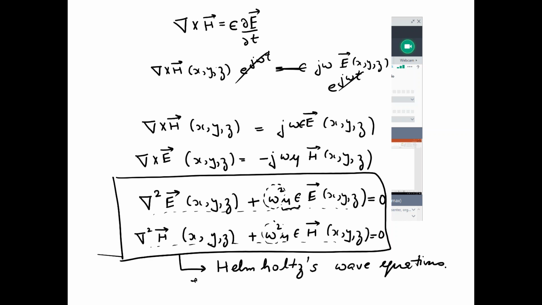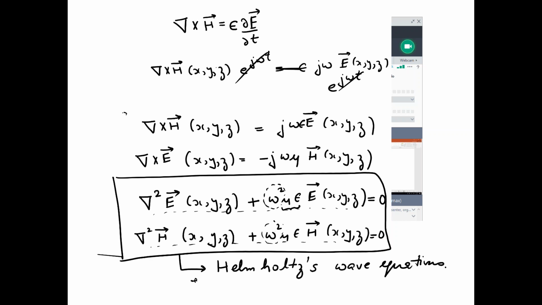The material properties, the material through which the wave is traveling, are accounted for in mu epsilon. The top equation is an electric field, the bottom equation is a magnetic field. So I can start looking for solutions now. I don't have to interdepend, I just have one second order differential equation, and I can start looking for those solutions.